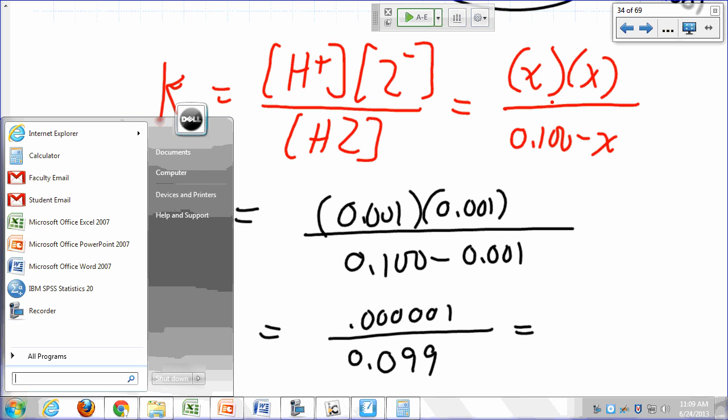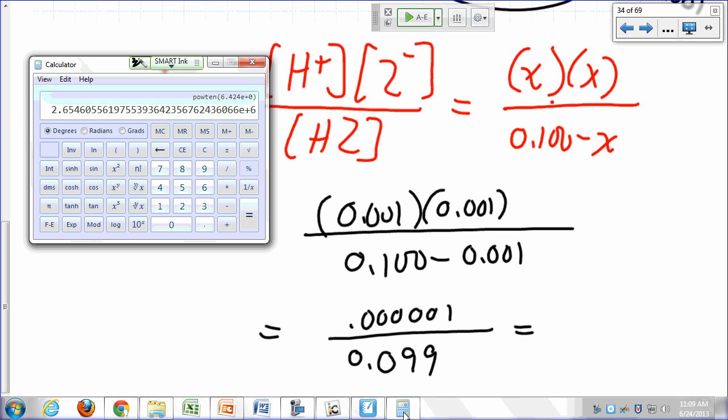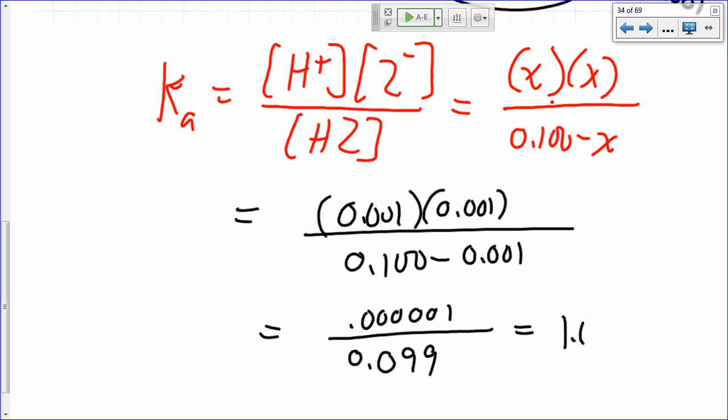That gives me how much? 0.001 times 0.001 divided by 0.099. This is 1.01 times 10 to the negative 5th. How many sig figs should I have here? Didn't give you much. I have 1 sig fig here, so it's just 1 times 10 to the negative 5th.